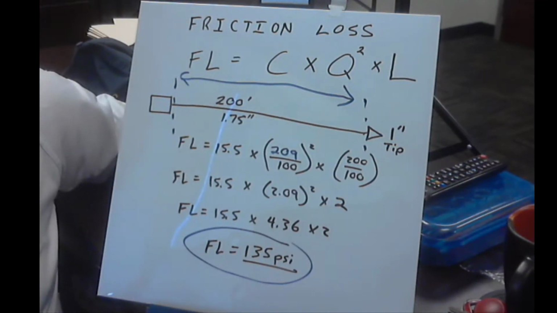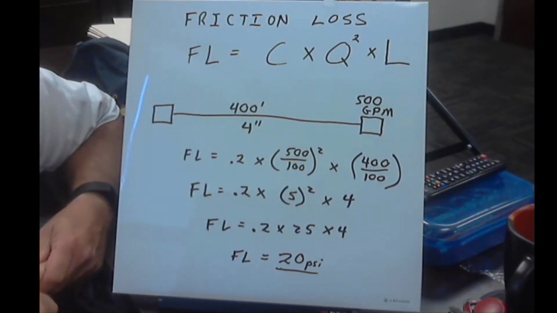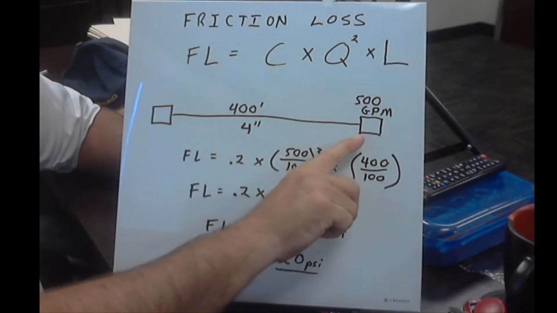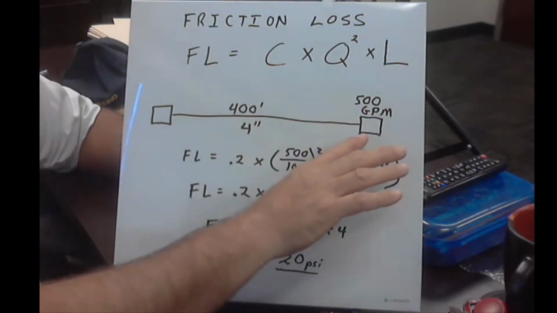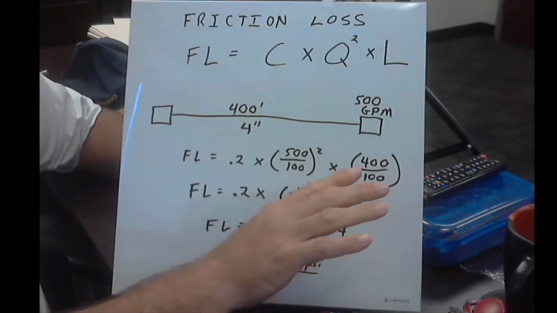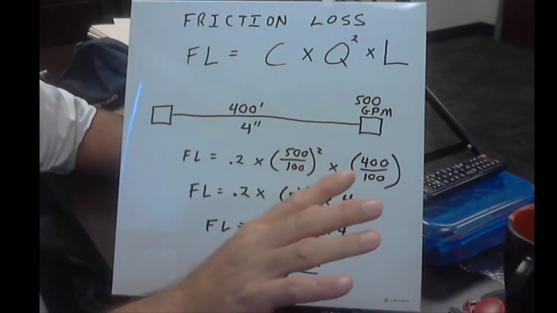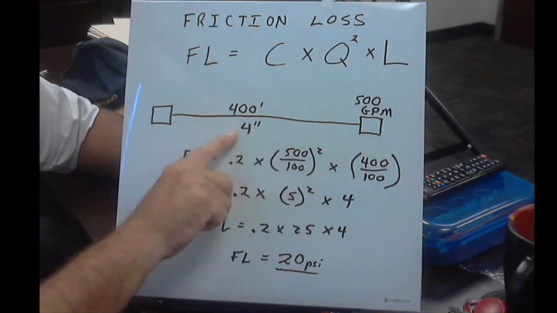All right, in our next example, we have friction loss to be determined from one engine, let's say going to another engine, and they require 500 GPM in order to operate the nozzles and flow appropriately for whatever they're trying to supply. So we have here 400 feet of 4-inch.